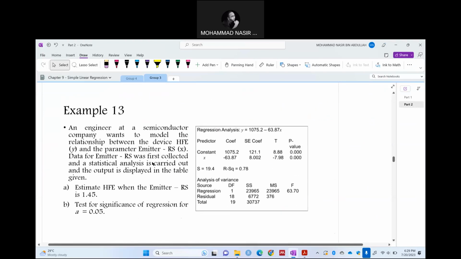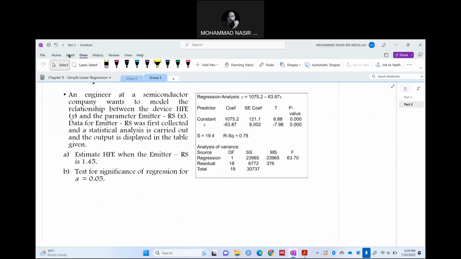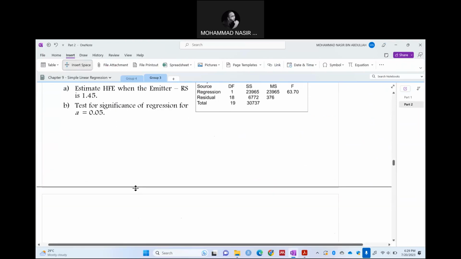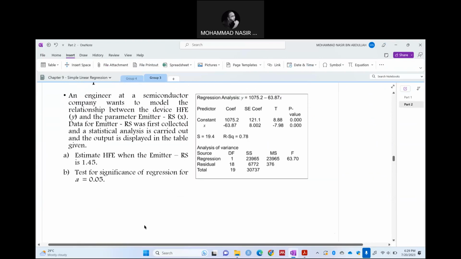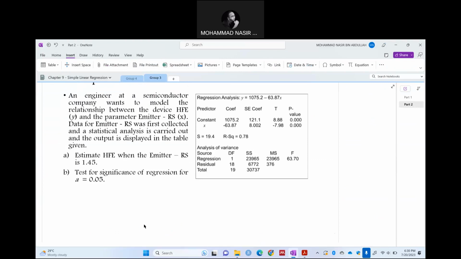Right. Now let's look at example number 13. Estimate HFE when emitter RS is 1.45. So how to estimate?